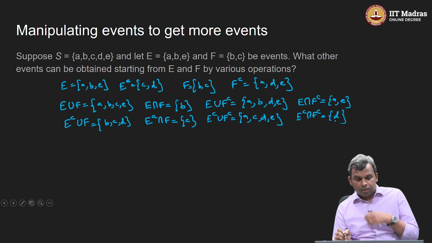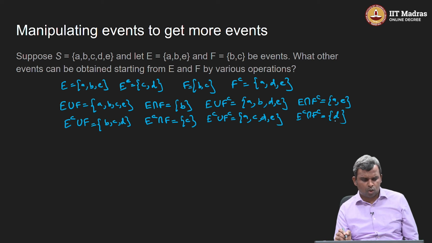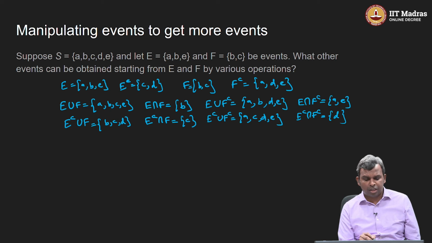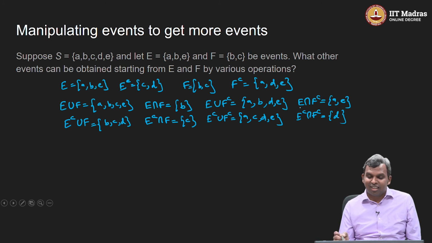So I think this is all that you will have. I don't think you can have anything more than this. If you do further unions or complements, they will all be kind of closed, and if you take further unions also, I think you won't get anything new here. These are all the events I believe that you will get with all possible combinations of E and F. You can check it out.